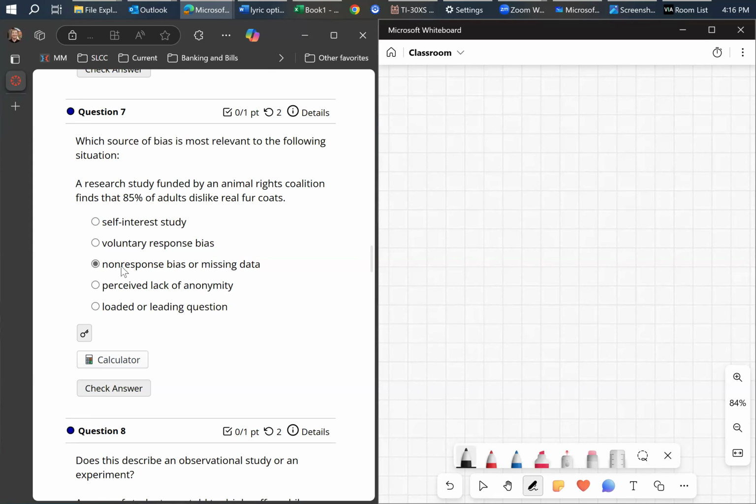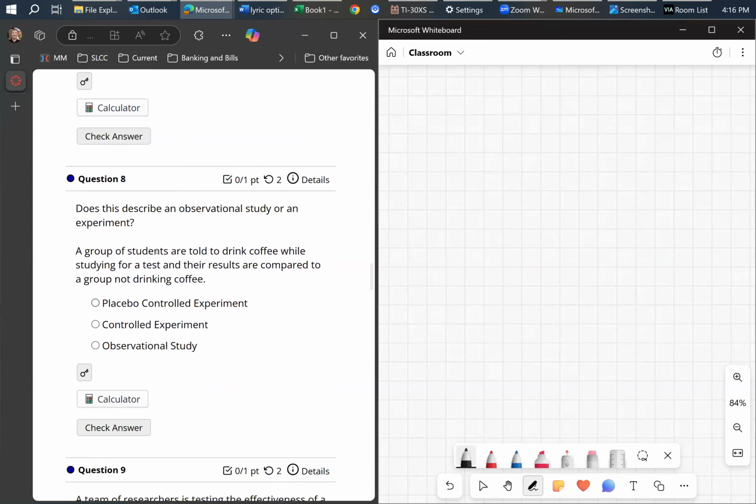If people just don't answer the telephone, or if you send out the flyer for them to fill out and they don't send it back. Loaded or leading question is like the extremes. You either like math or you hate people. That's like, well, I don't hate people, so therefore I must like math. It's very often an either-or situation, but it's a loaded question or a leading question that leads you towards one certain answer. Not fair.